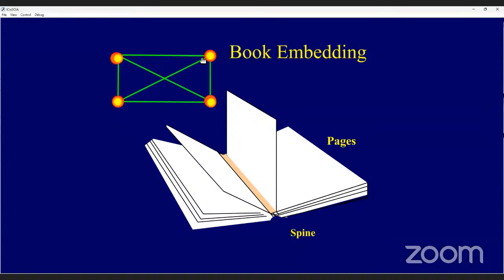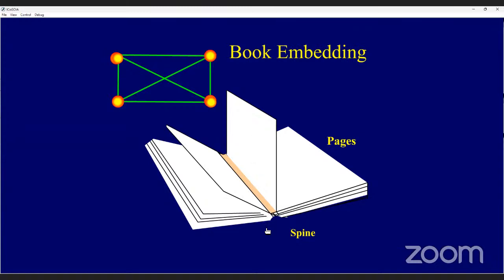All the vertices are put on the spine. So these 4 vertices we're going to put on the spine, lined up, not overlapping, just lined up one by one, and we can arrange them so that the vertices are only on the spine and the edges are drawn on the pages.